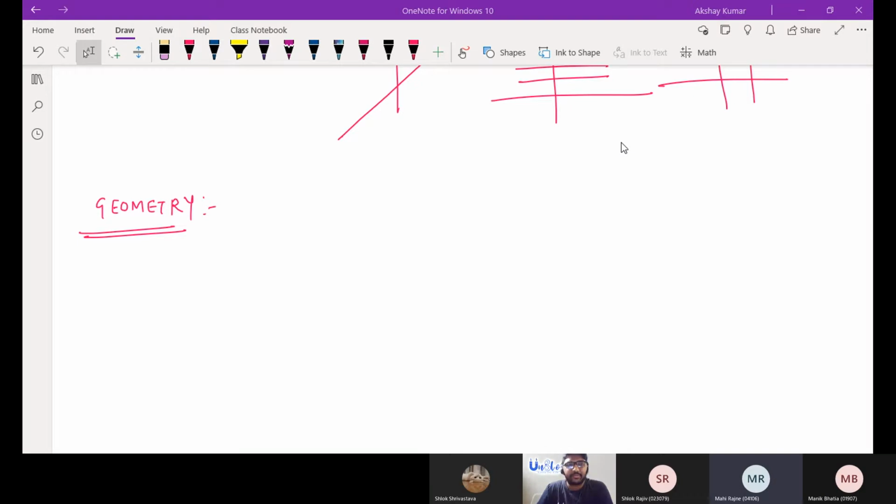After you prove that the triangles are equal, you can prove that the sides of the triangles are equal by CPCT. What is the full form of CPCT? Corresponding parts of congruent triangles. Okay. Manik, what do you mean by corresponding parts of congruent triangles are congruent? What do you understand by that?